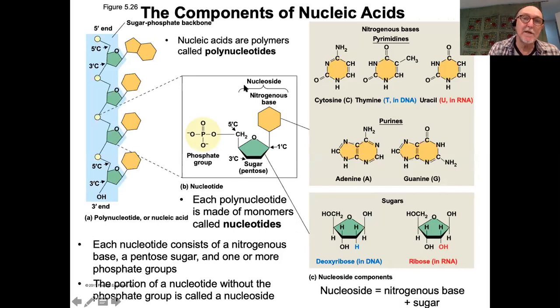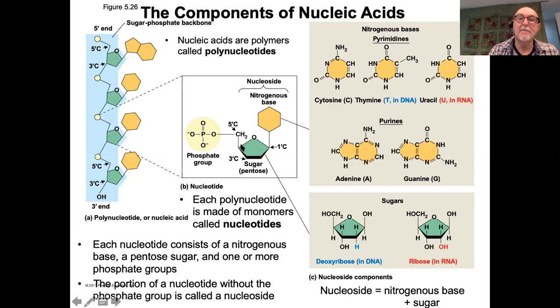First of all, this is a nucleotide, and this is the monomer of nucleic acids, and it consists of a sugar molecule here, and attached to that sugar molecule there is a phosphate group. There's a phosphorus atom there, and it's got lots of oxygens, so that's a phosphate group, right?